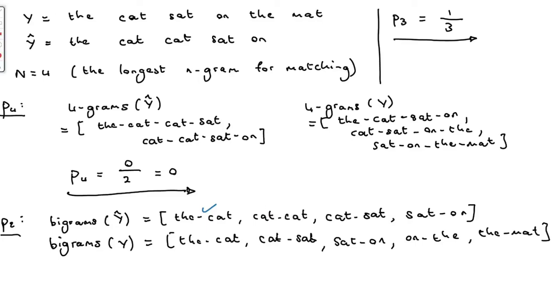Okay, that one is wrong. Okay, cool. Cat sat, right. Sat on, right. 3/4. Wonderful. So P2 is 3/4. The last one is slightly tricky, so I just want you to make sure that you get this. Okay, cool. So P1, the slide is getting disgusting, but anyway, let's just do P1 here.